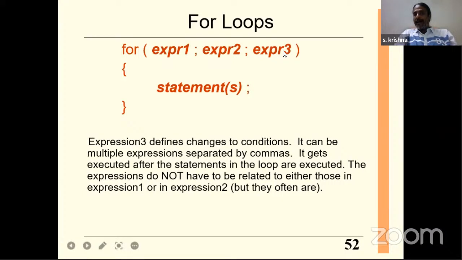That is called defining the change, and it is done in expression 3. So expression 1 is the initial condition, expression 2 is the logical condition we check, and expression 3 is the step we take on the initial value after the execution of the code.